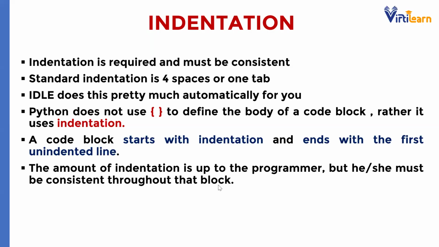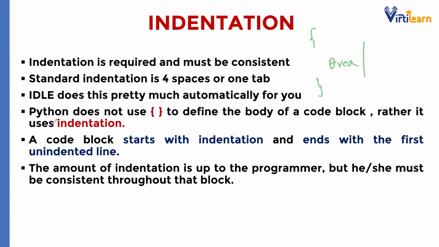I hope you understood. So what is this indentation? Just like C programming, we don't have any fancy syntaxes. We don't have any curly brackets to describe the area, the area of lines of code to be executed.